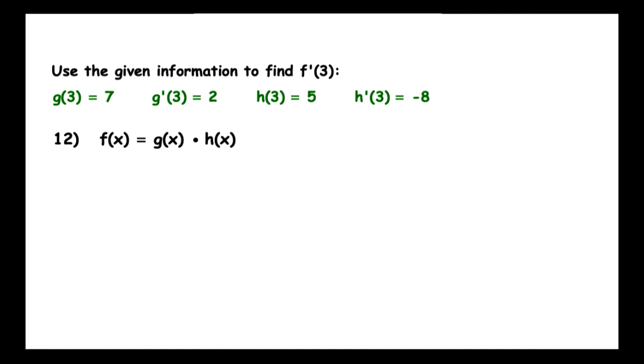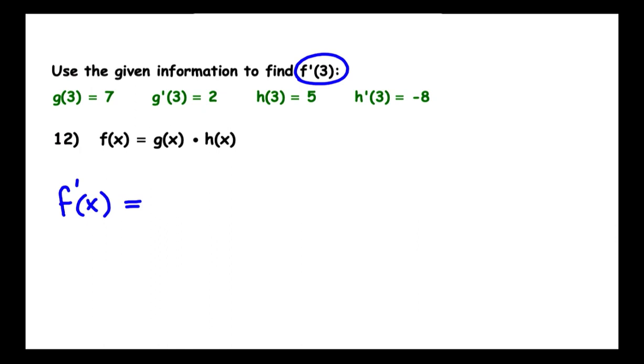It says, use the given information to find f prime of 3. F prime of 3. Well, before I find f prime of 3, I have to be able to find f prime of x. Luckily, f of x is right above in black, but unfortunately, you can see already what they're testing. This is a product rule. It's g of x times h of x. So I have to do this with different letters.